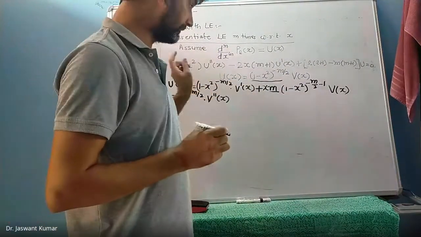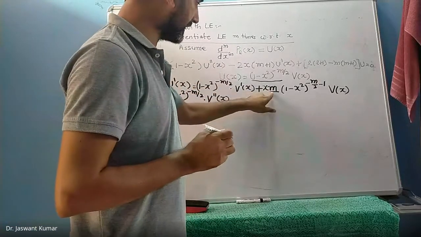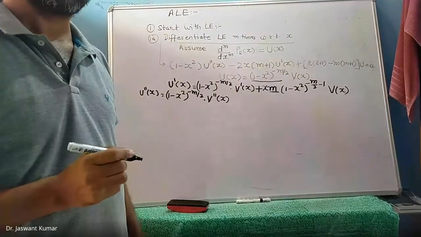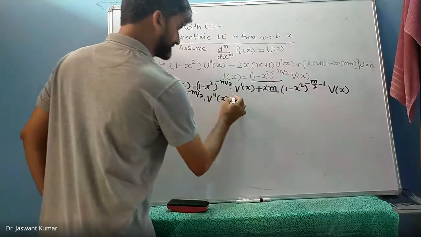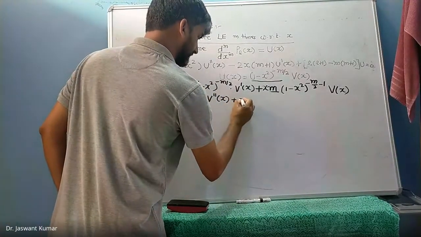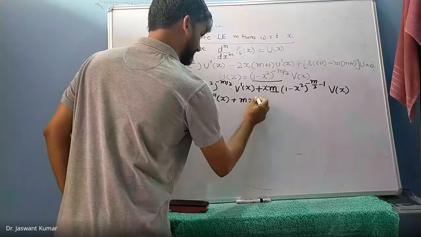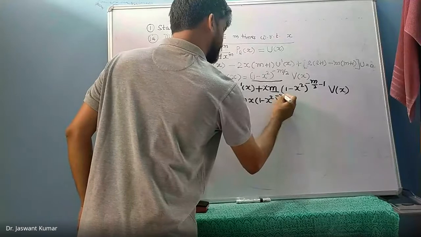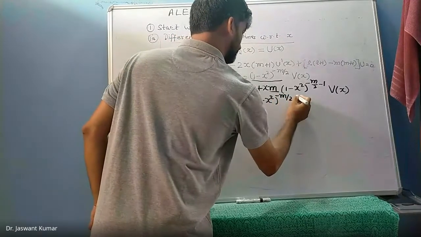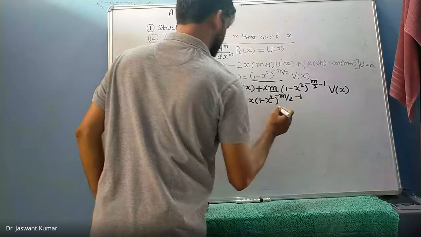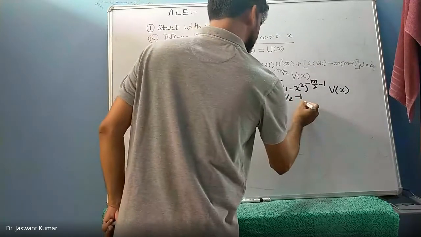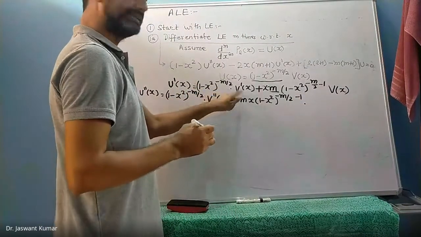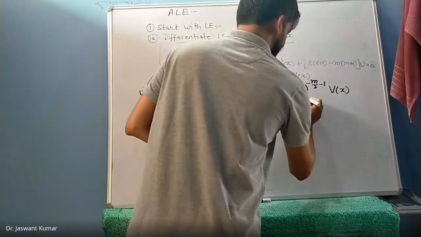The differentiation of the first, if you remember, was equal to m x into 1 minus x square to the power minus m by 2 minus 1. So I will copy this: plus m times x times 1 minus x squared to the power minus m by 2 minus 1, which is the derivative of this term, times the second term, which is v dash x.